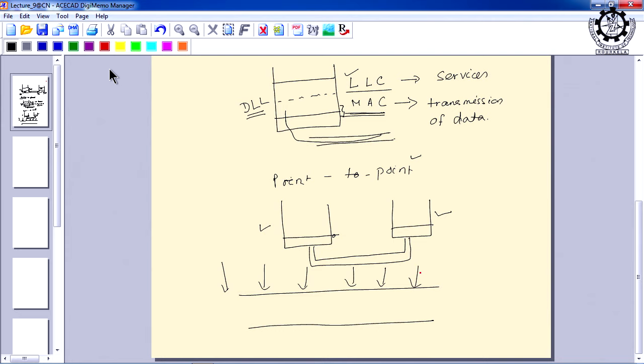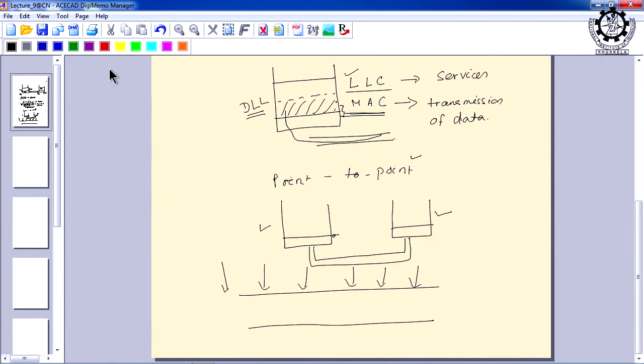So, a complete layer has been assigned to see that the channel is allocated to a station that has data ready to transmit, and that this transmission should not be interrupted without the information or without intimating the station who is accessing the channel. That is the job of your MAC layer.